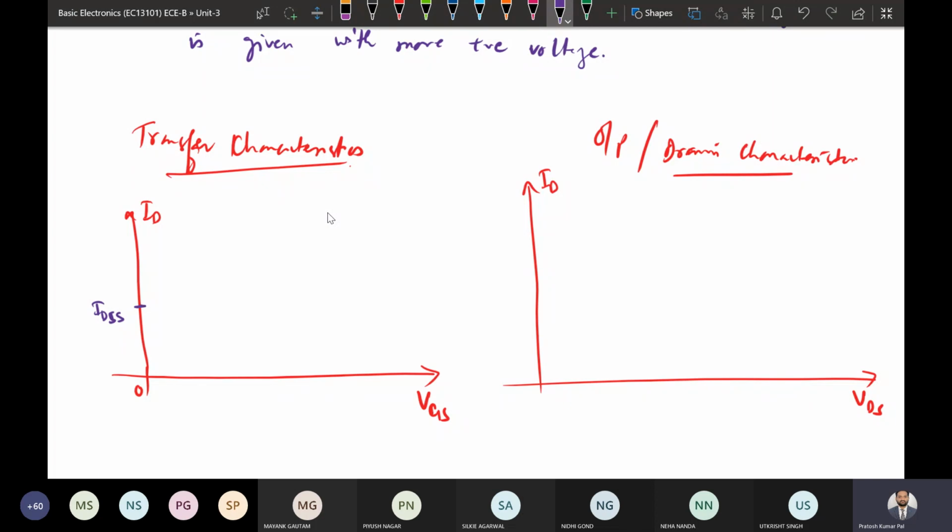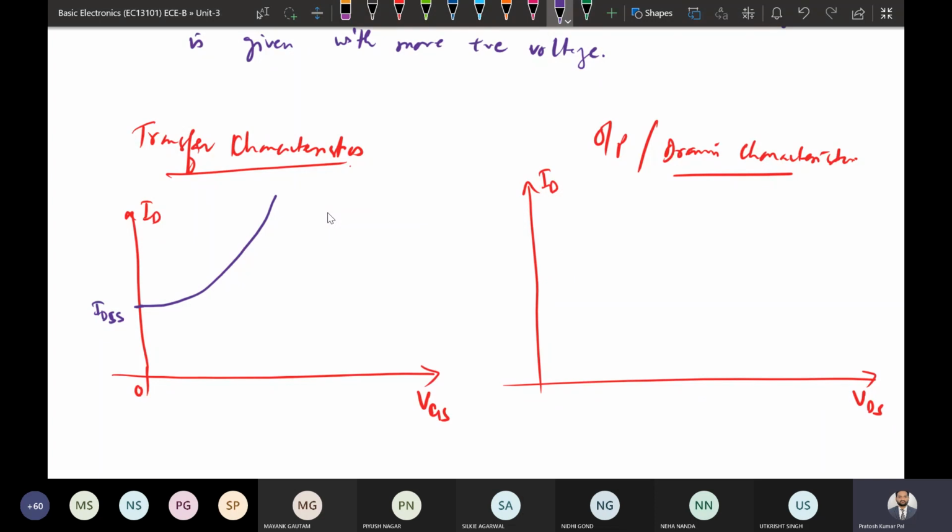That increase will be parabolic in nature. So this is the transfer characteristic in case of depletion type N MOSFET operating in enhancement mode.